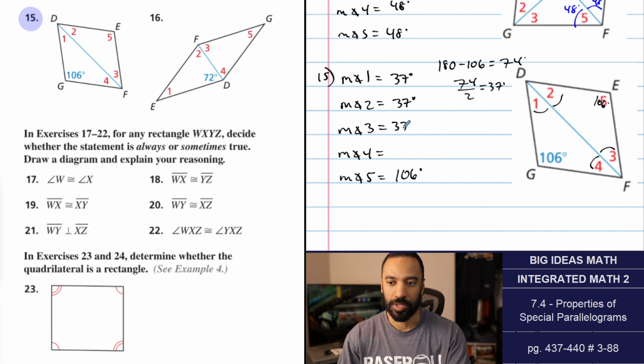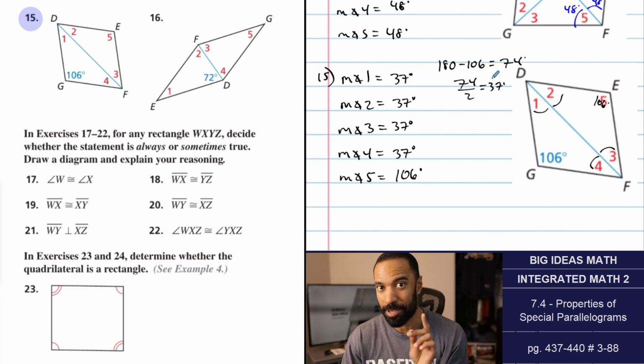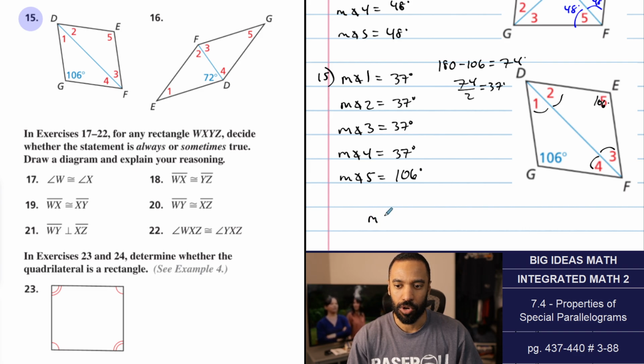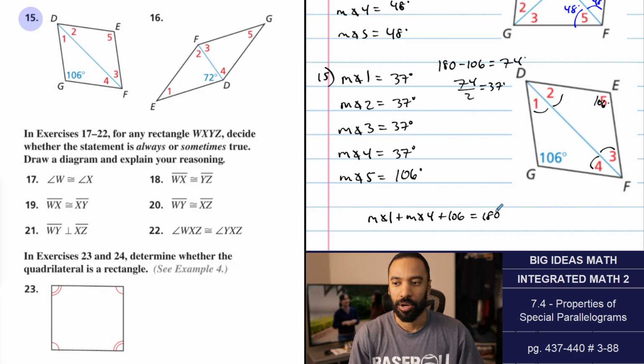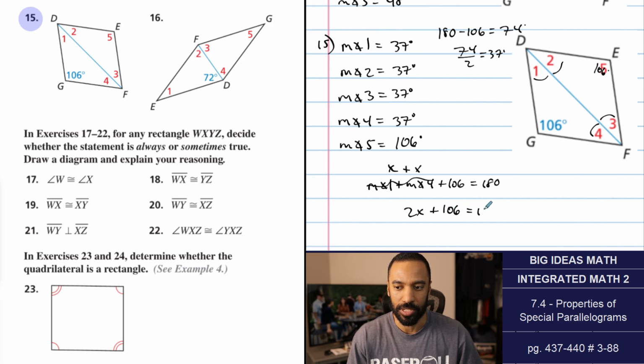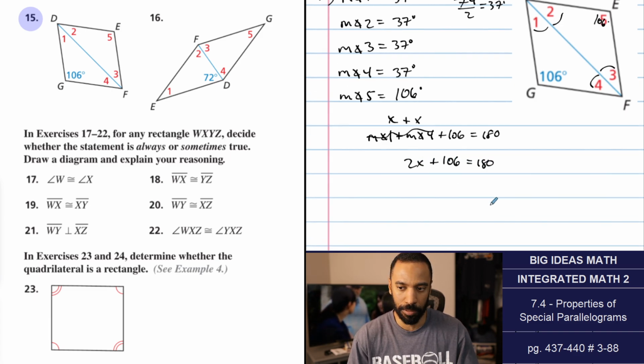What I could have also done was this, and I think it's probably less obvious, but it's the same exact math. These three angles add to 180, right? Measure of angle 1, measure of angle 4, and the 106. They add to 180. But what we've established is these are all congruent. 1 is congruent to 4. So if I just call these x's, x plus x like that, then solving for an individual x would require 2 steps. What are they?